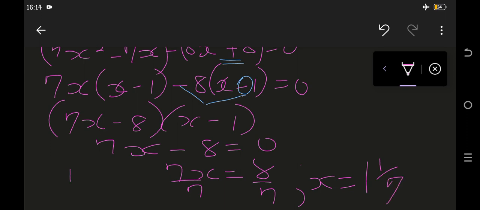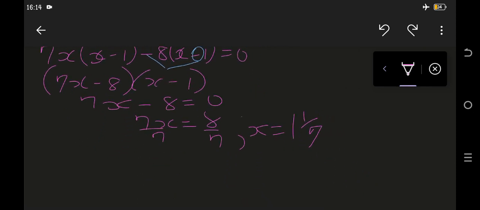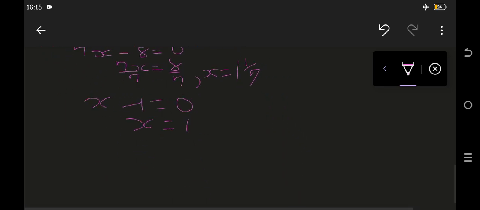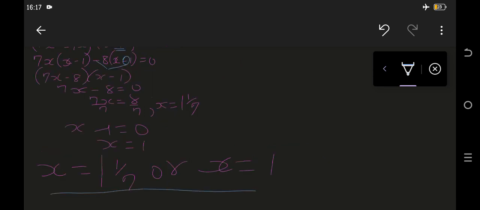Let us find the next one. x minus 1 is equal to 0, means that x is equal to 1. Therefore, our answers will be x is equal to 1 and 1 over 7, or x is equal to 1. Now, this is the solution to the last equation.